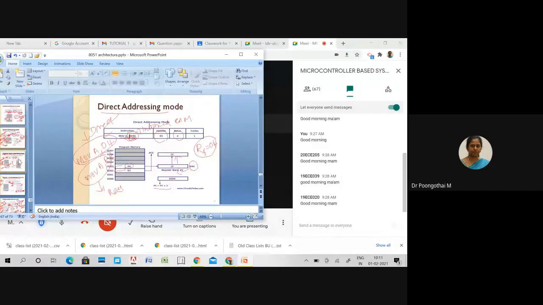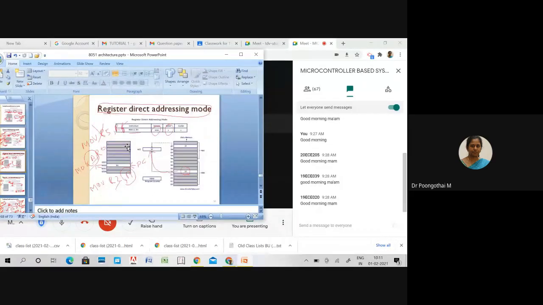Okay. So what is the third one? Register direct. Can anyone explain this? Ma'am, here we address using the register names. Okay, register names can be directly specified in the register direct addressing mode.